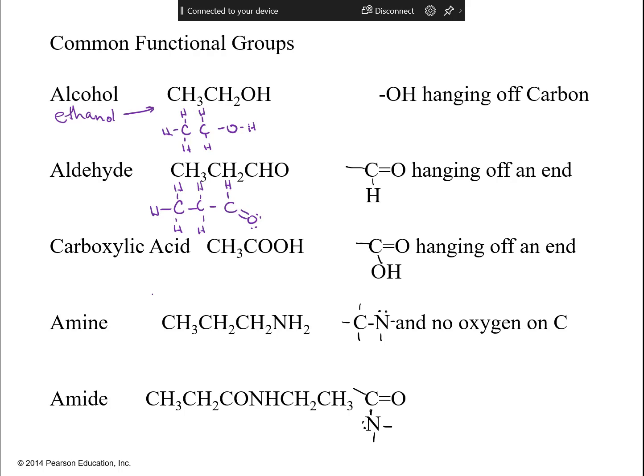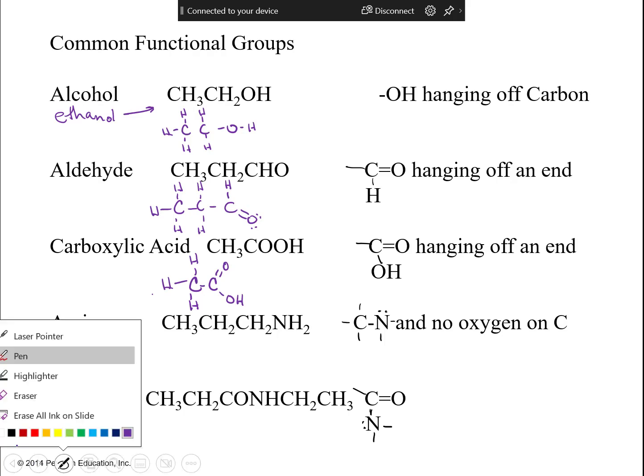But if I do a combination of these two, if I do an alcohol and an aldehyde and hook them to the same carbon, that's where I get a carboxylic acid. So if I look at CH3COOH, CH3 just looks like a carbon with 3 hydrogens, right? Just from that condensed structure. Then I have a CO. So I know that I'm going to end up with a double bond oxygen and then an OH. So that still gives me those 4 bonds to each carbon, 2 bonds to each oxygen, 1 to each hydrogen.